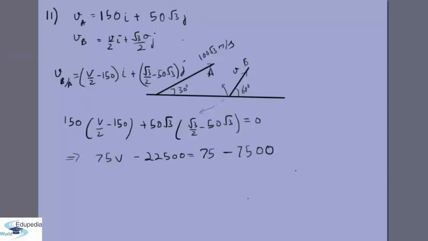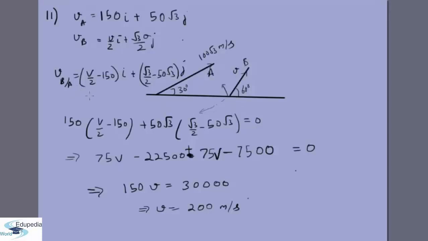So there's a V here as well, right? Which gives us 150V is equal to 22500 plus 7500, that is 30000, which means V is equal to 30000 by 150, which is 200 meters per second. So we know the speed of B now, that is 200 meters per second.